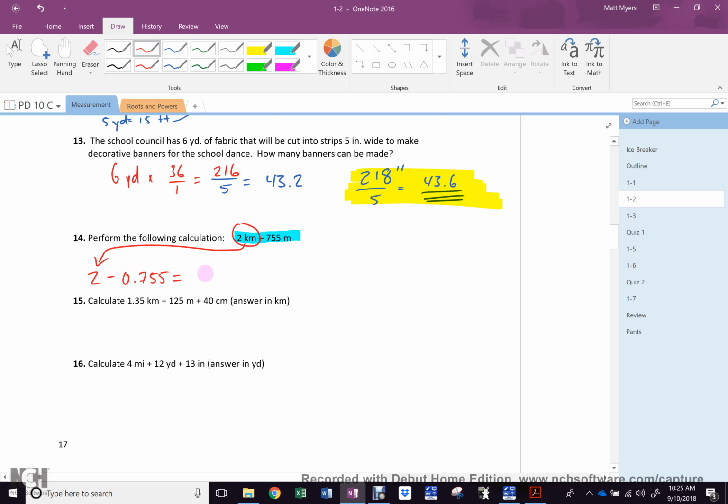And that's going to get me a kilometer answer. What if I want it as meters? It's going to be 2,000 minus 755. Are they both equally right? Yes. Do I care what you do? No. And you will give me an answer of 1,245 meters or 1.245 kilometers. Yes? Excellent.